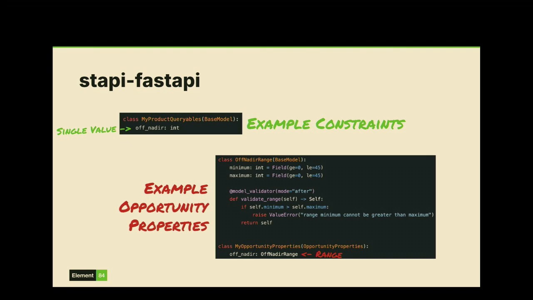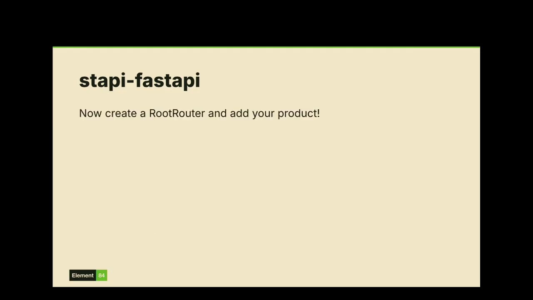But your opportunity properties, because there's uncertainty here, might actually model that off nadir as a range, which is a little bit different, right? You might have a minimum and maximum on that, and so you have to consider what you do know with certainty versus what you have bounds around when you're modeling your opportunities and your products.